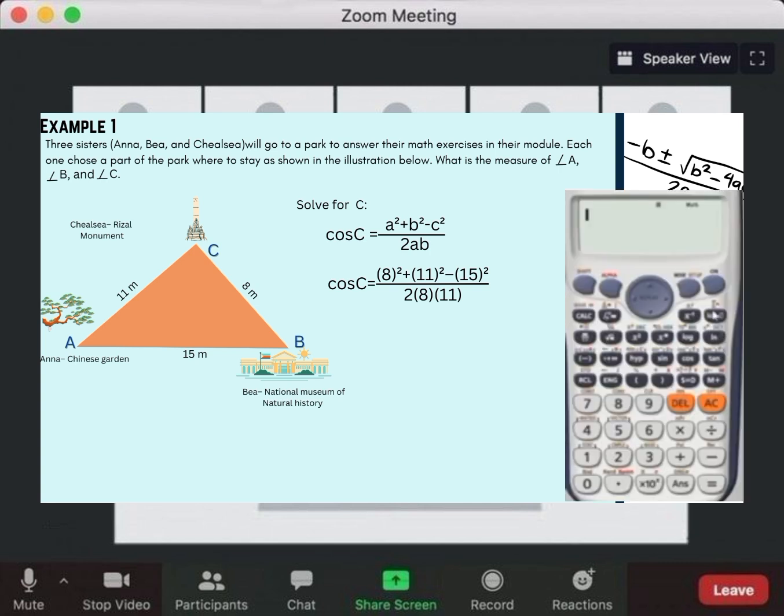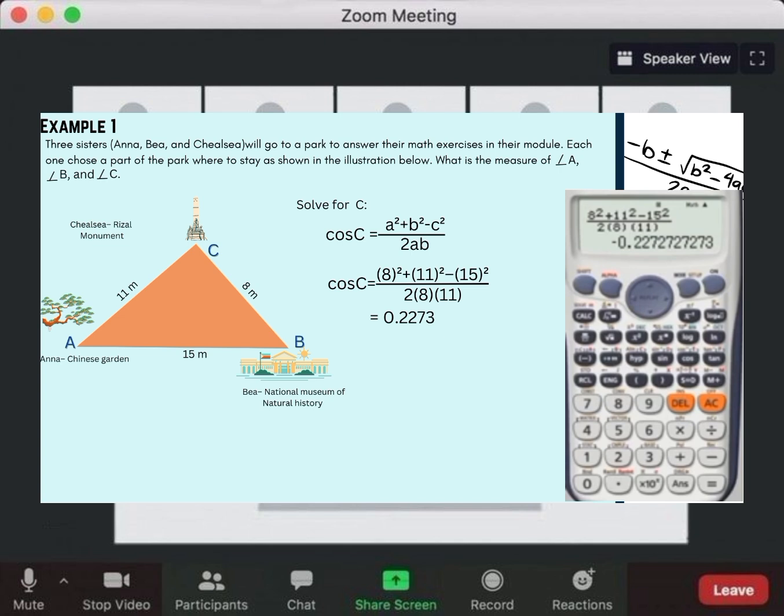So now we are going to solve using the calculator. First is fraction. We have 8 squared plus 11 squared minus 15 squared over 2 times 8 times 11. Our answer will be minus 5 over 22, and our final answer is negative 0.2273.